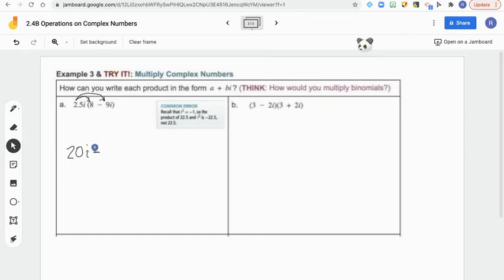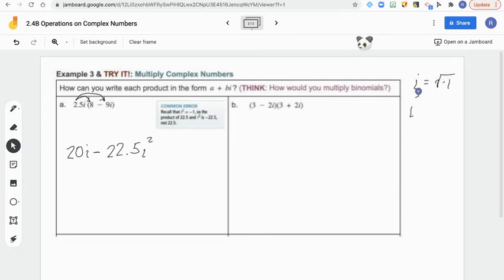Minus 2.5 times 9. Negative 22.5. This is going to be an i squared. Now be really careful. Anytime we see this, we know that an i is the square root of negative 1.